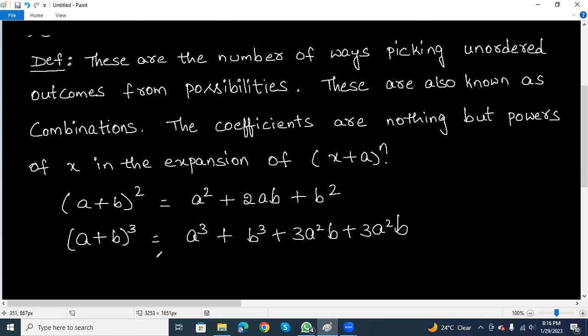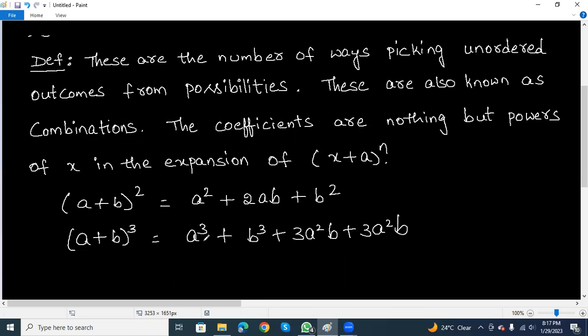In a plus b whole square, the power is 2, so we got 3 terms. In a plus b whole cube, the power is 3, we got 4 terms. That means if the power is n, we will get n plus 1 terms.